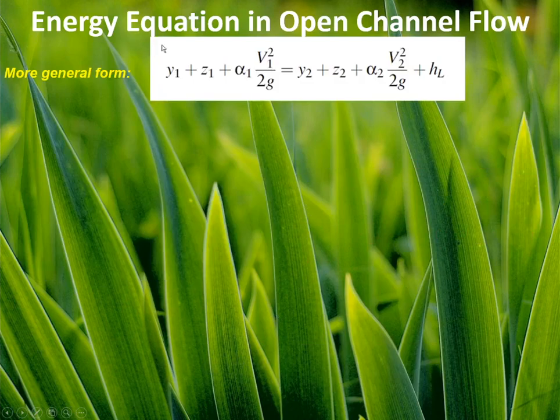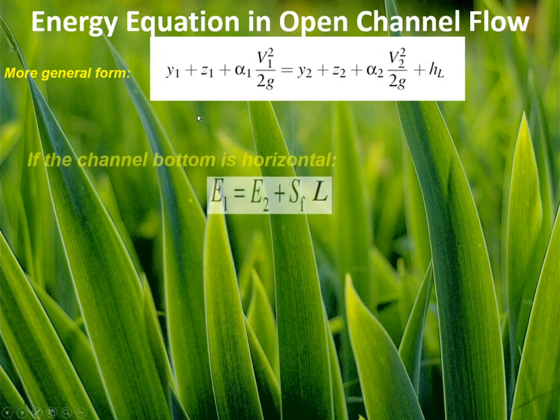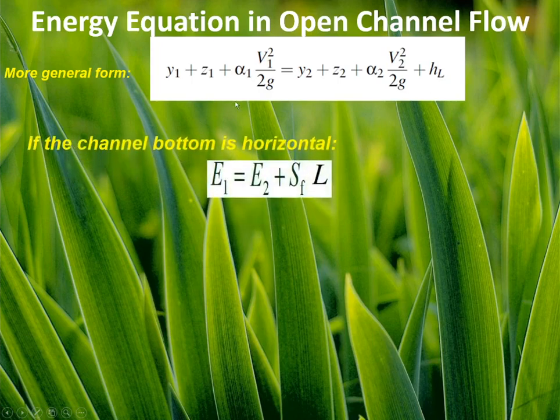So here we see again the general form of the energy equation, which is y1 plus z1 plus alpha1 v1 square over 2g equals y2 plus z2 plus alpha2 v2 square over 2g plus hL. So at the channel bottom, this is the general form.